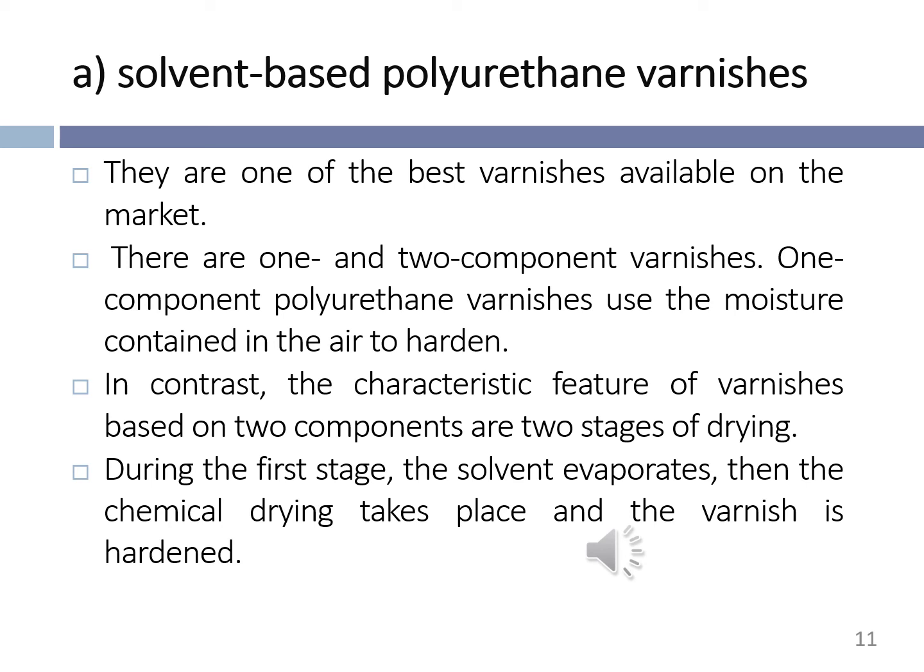So how does the process of drying take place in two component based varnishes? In the first step, the solvent evaporates. When the solvent evaporates, the chemical drying takes place. And after the chemical drying, the coating of varnish is hardened.